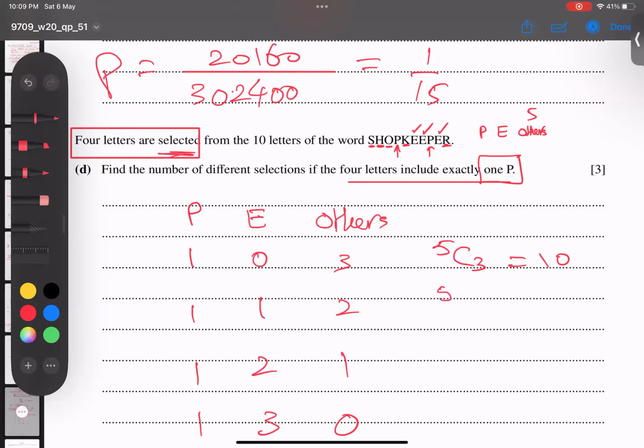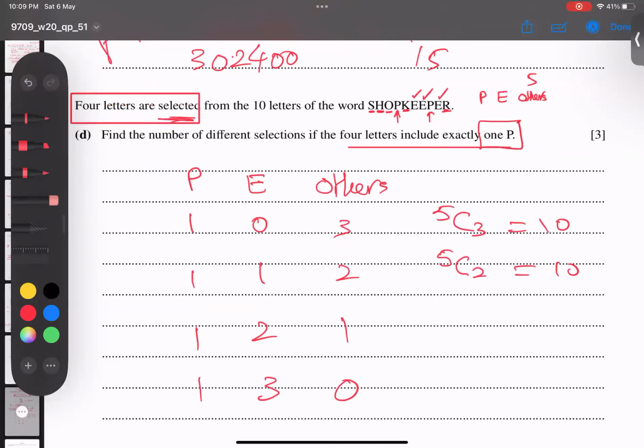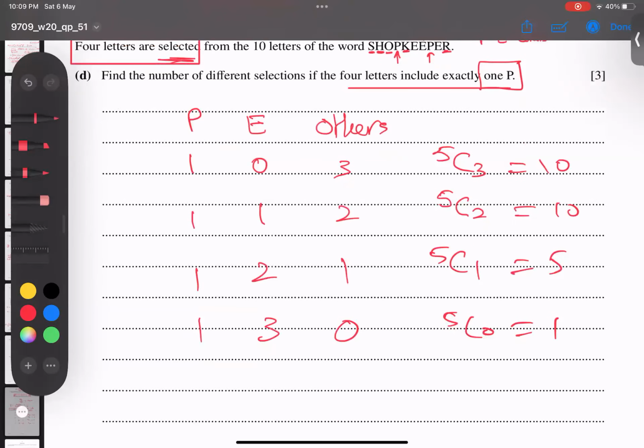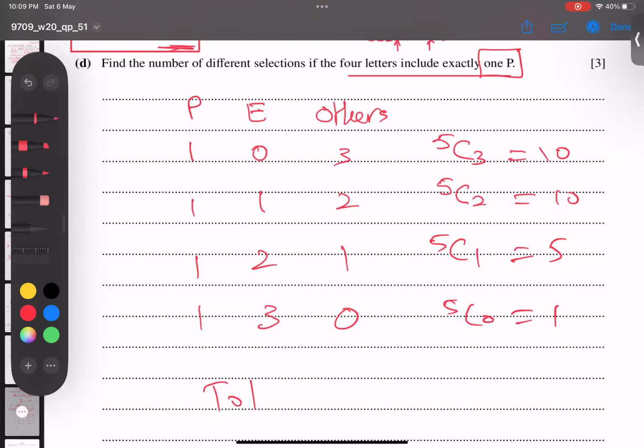And 5C2 is also 10. Now here, this one letter comes from the 5. So 5C1, which gives 5, and the last, 5C0, which is 1. So the total options are 26. So 10 plus 10, 20, 25, and 1, 26.